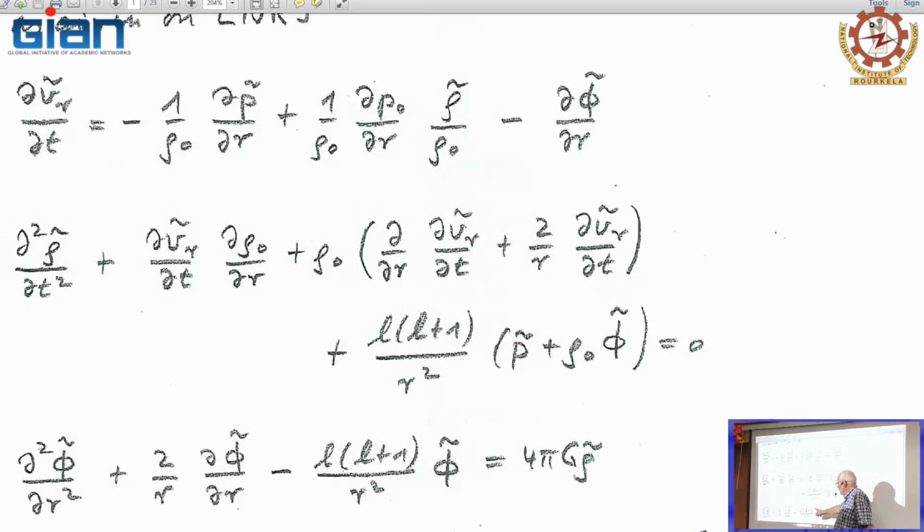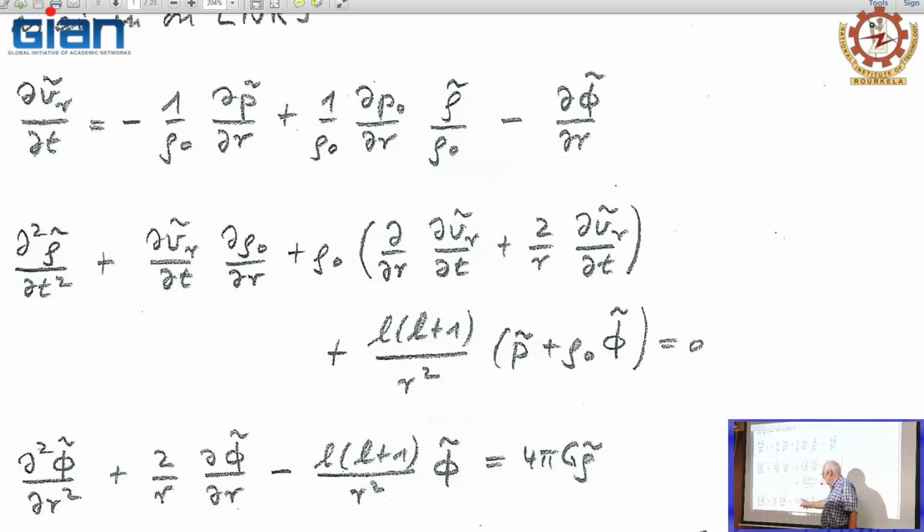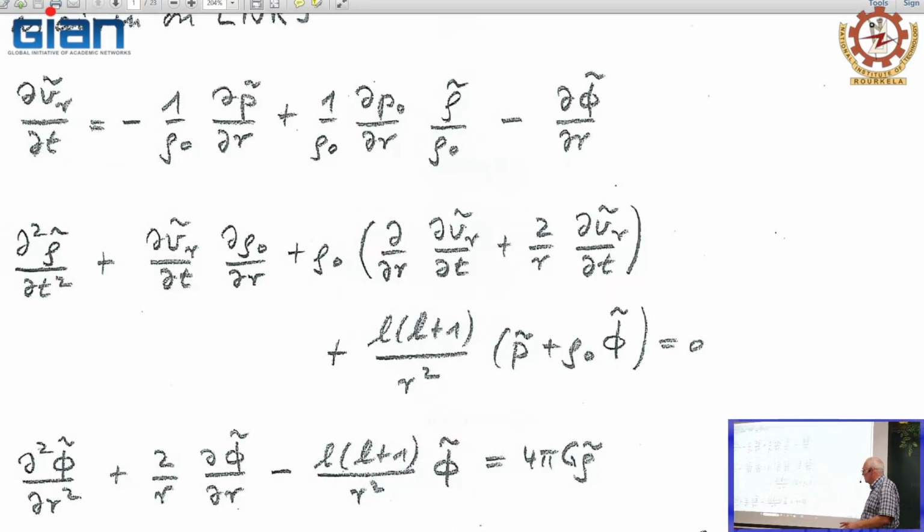Again, here we have already taken into account the expansion in terms of spherical harmonics, and the angular derivatives give this factor L times L plus 1 in the third term of Poisson's equation.